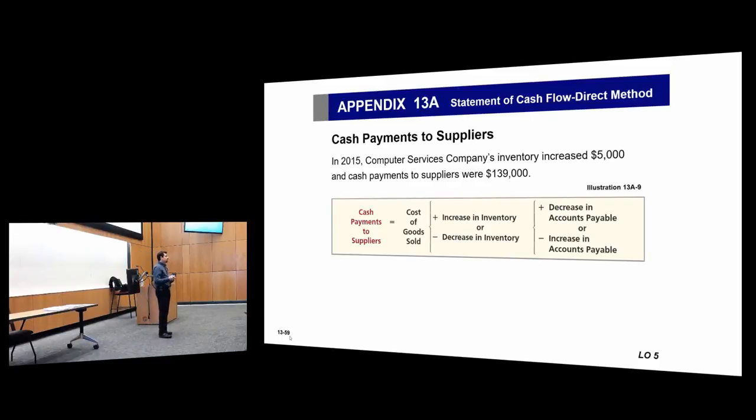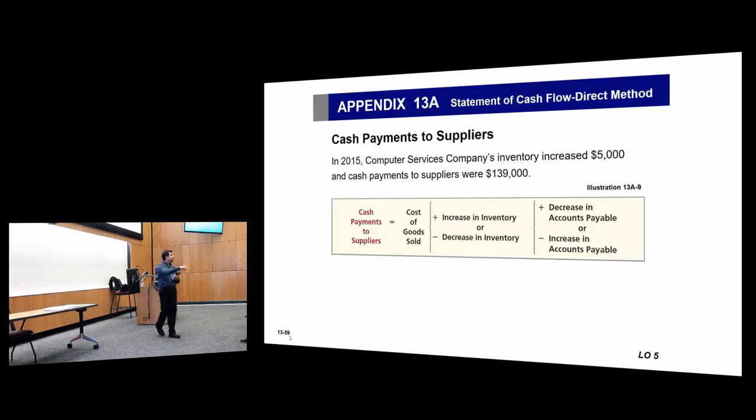Under the cash basis, you start with cost of goods sold and then you adjust for changes in inventory and your changes in payable. First, you adjust for the changes in inventory. Why? Because if you purchased more than you actually sold, there will be an increase in inventory. That means you paid more than you actually recognized. So an increase in inventory will be added.